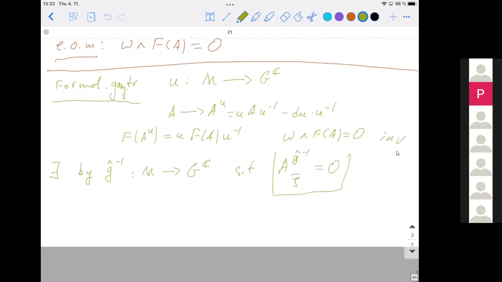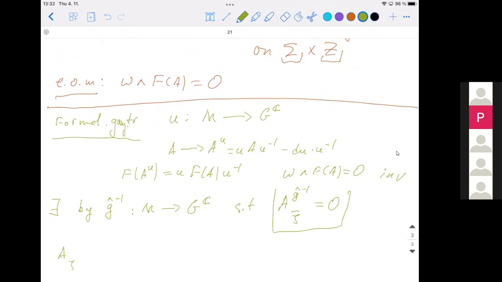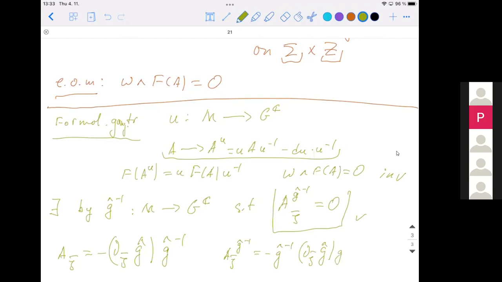That is equivalent to writing A_z bar like this, because if you put this transformation here, you just see the form of pure gauge.